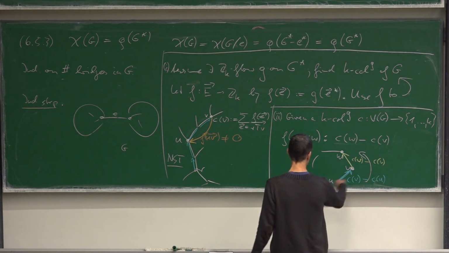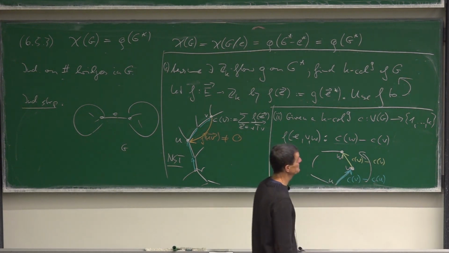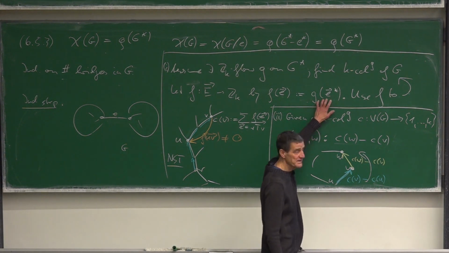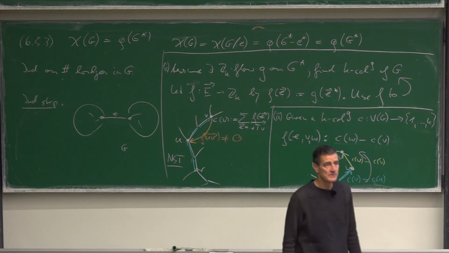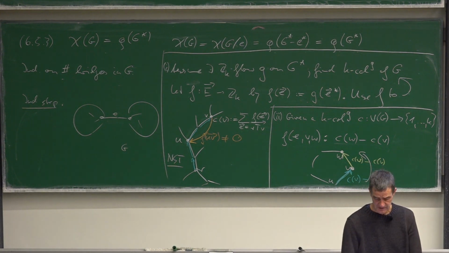So around either orientation, we always get a sum equal to 0. Therefore, across every oriented bond, we're going to sum to 0, and therefore we have a flow, a K flow on G star.